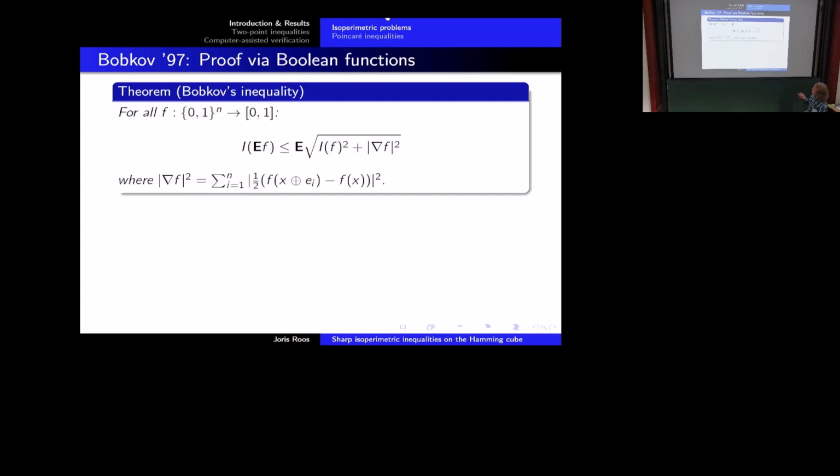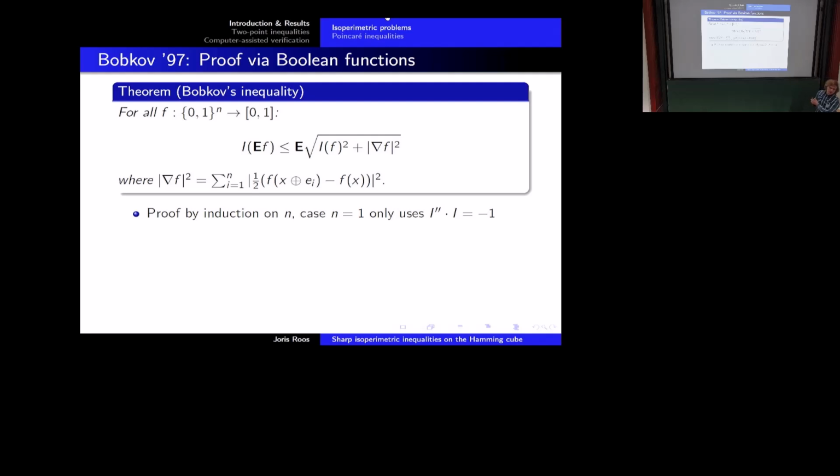So Bobkov's inequality is a functional inequality that is valid for all functions on the hypercube that take values in the interval from 0 to 1, not just the 2 points 0 and 1. And it takes this shape. And the interesting thing about this theorem is that it can be proved just by induction on n. So if we put in n equals 1, then the only two variables in this problem are essentially the values that f takes on 0 and the value that f takes on 1.